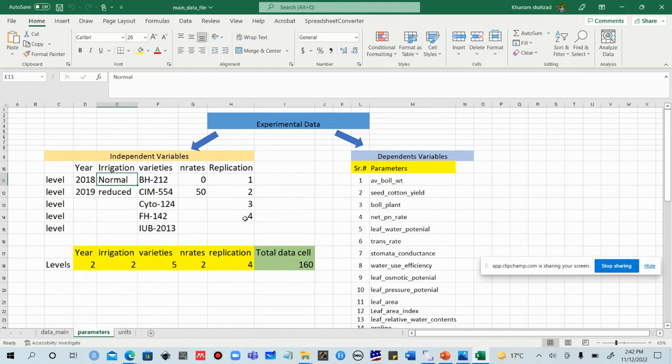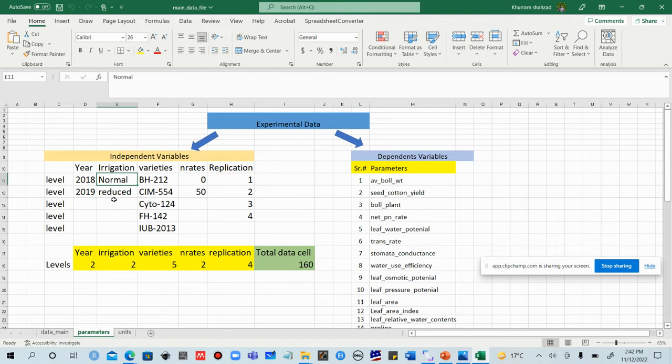And replication has four replications. So we have irrigation 2, varieties 5, rate 2, replication 4, and year 2. When we multiply all these, our total data cells should be 160. So our data cells are 160.